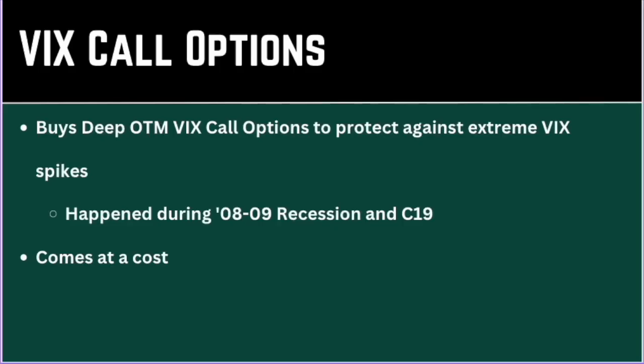SVOL also hopes to protect from drawdowns by having deep, out-of-the-money VIX call options to provide low-cost protection against extreme VIX spikes. We see this happen every couple years when an extreme news situation like COVID-19 or the 2008-2009 financial crisis causes extreme volatility.